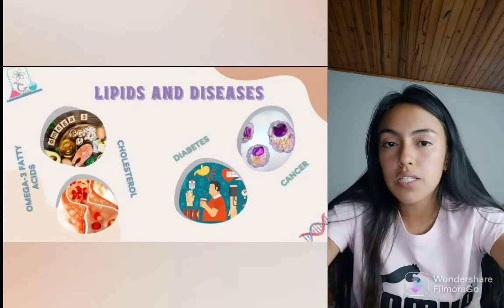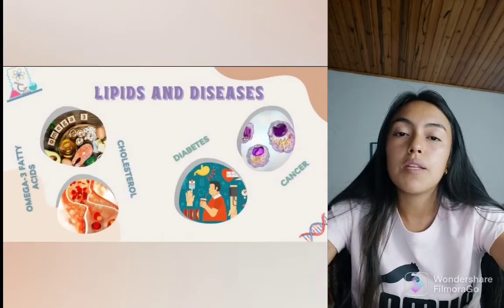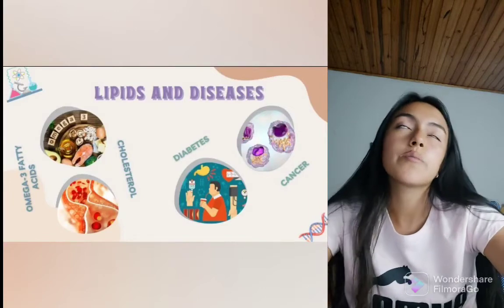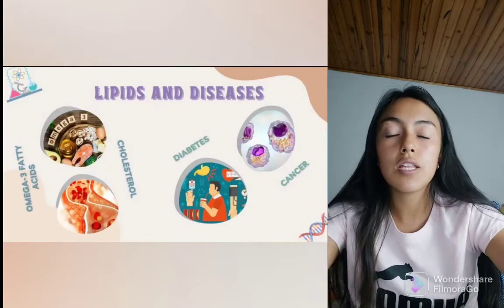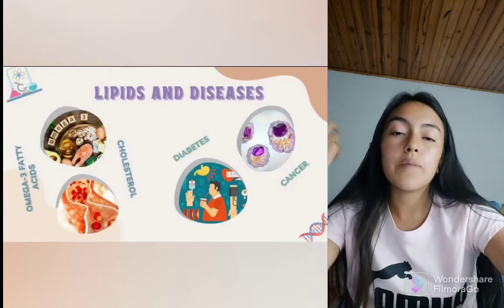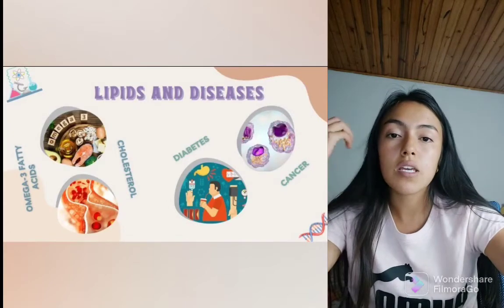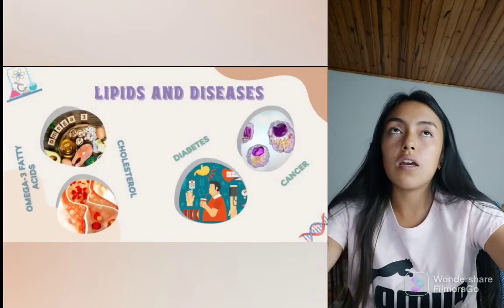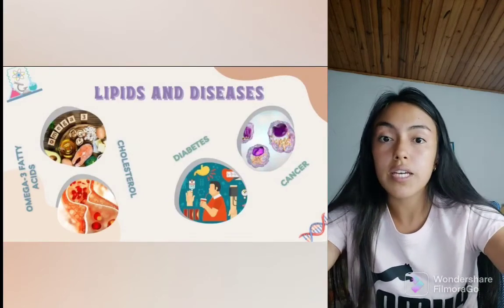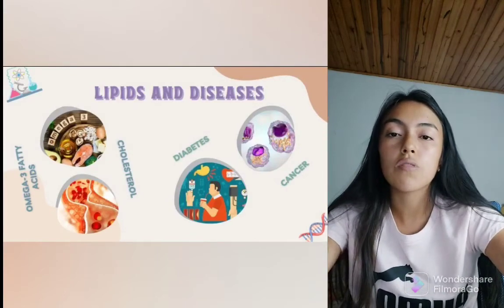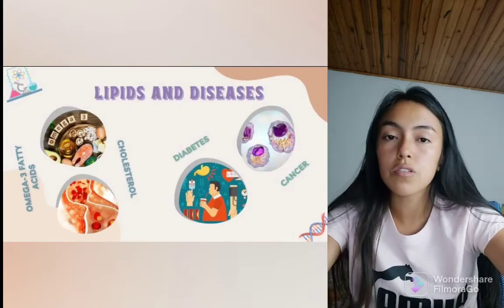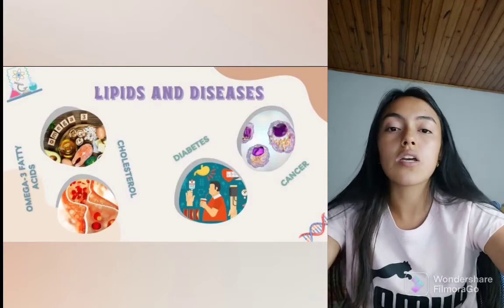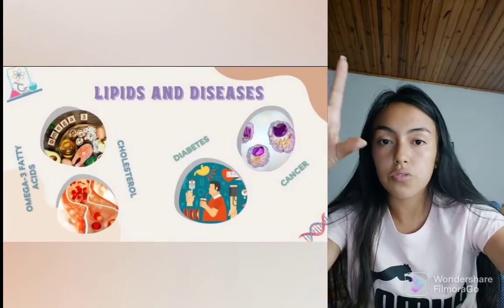A diet too low in fats can produce many problems for our body. In cancer, lipids take part in the establishment of tumor cells, and in diabetes, for example, the accumulation of many lipids can cause hyperglycemia. Omega-3 fatty acids take an important part in the growth and health of our cells. And moreover, high quantities of cholesterol can cause many different diseases and disorders.